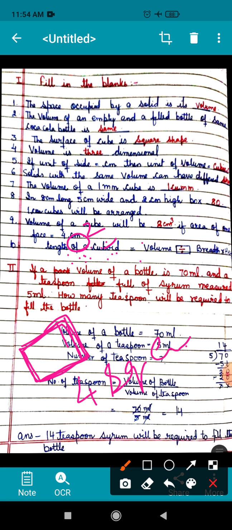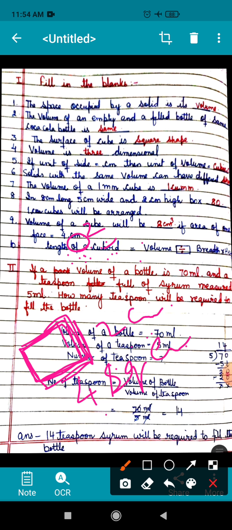So what is the length of each side? It will be 2 centimeter, 2 into 2. Okay, and it means height will also be of 2 centimeter because it is cube shaped. In cube shaped, length, breadth and height will be same.